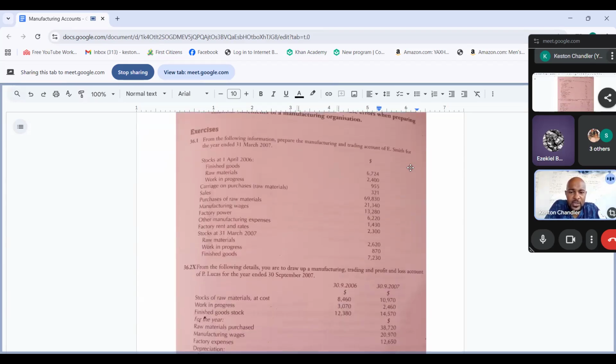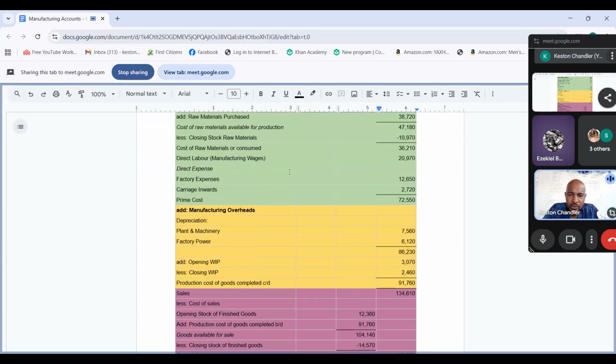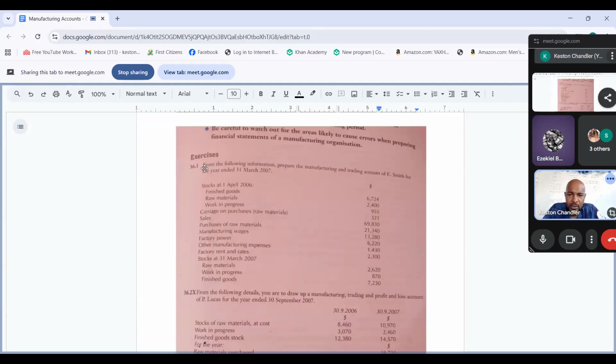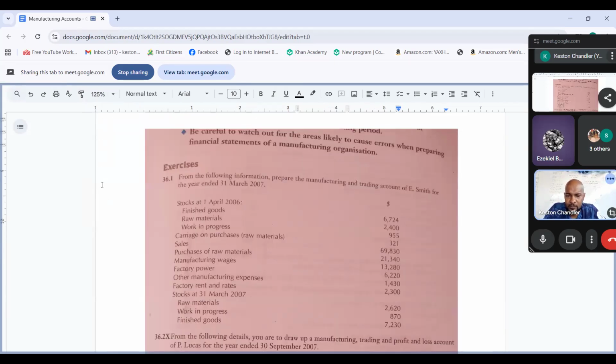We want to look at our question now. From the following information, prepare... make it a little bigger. Actually, I'll do better for it.